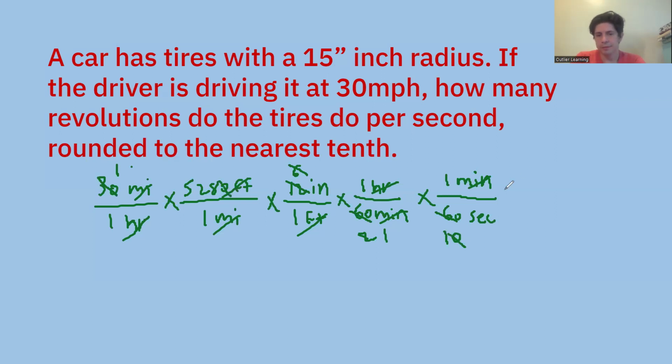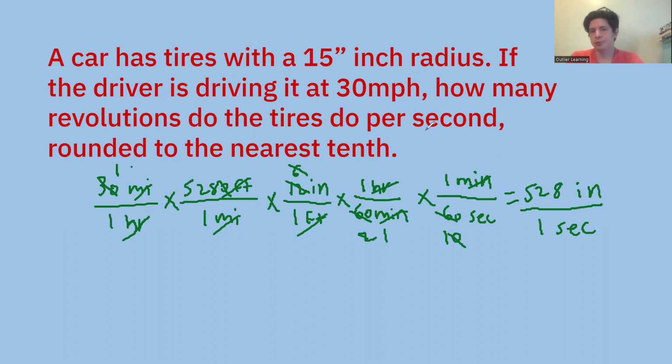So then we are left with a nice clean number of 528 feet per second. And I didn't even have to use a calculator or really do any tricky calculations. So now, or sorry, not feet. It was 528 inches per second. Okay, which is even better because that's what we wanted.